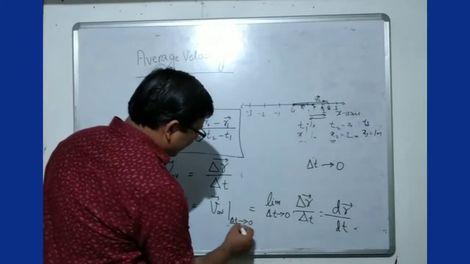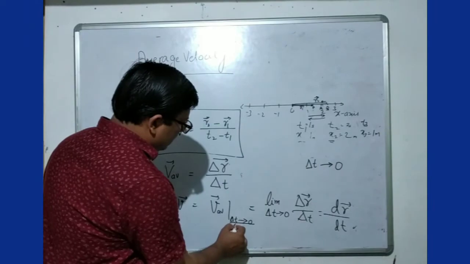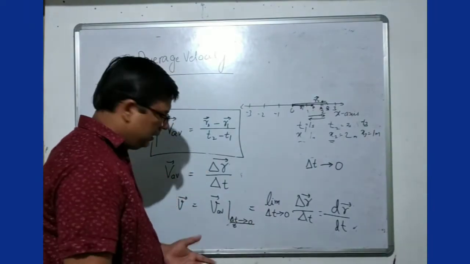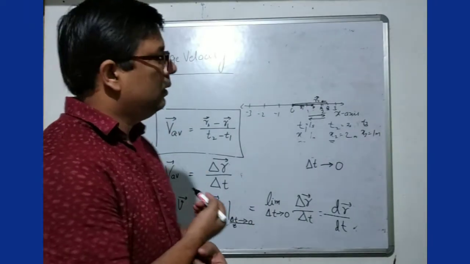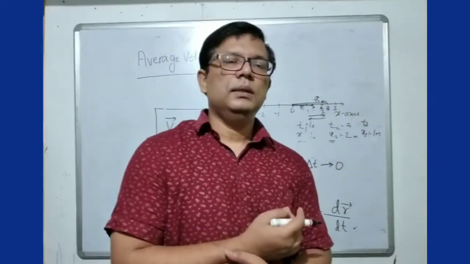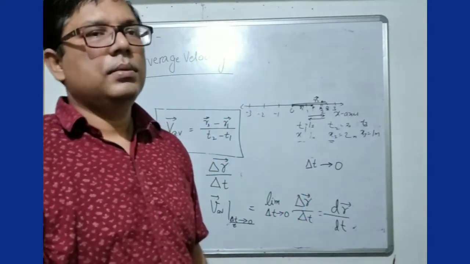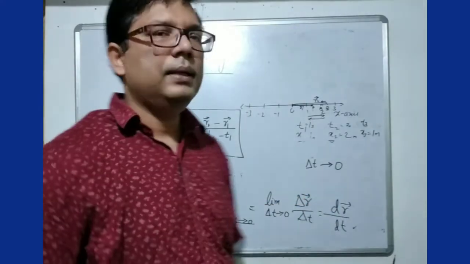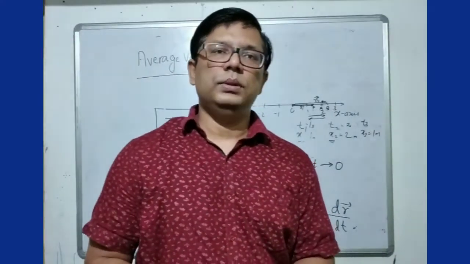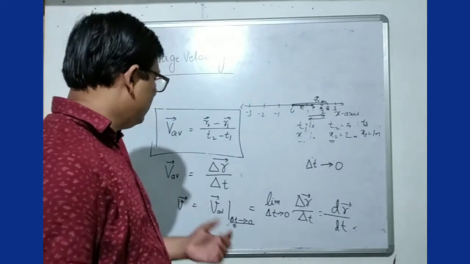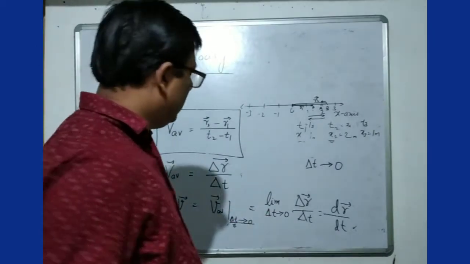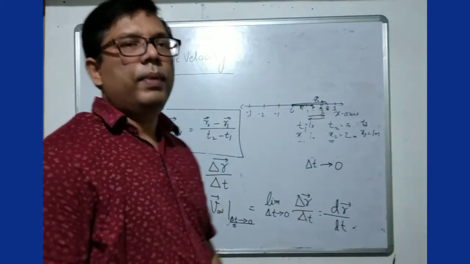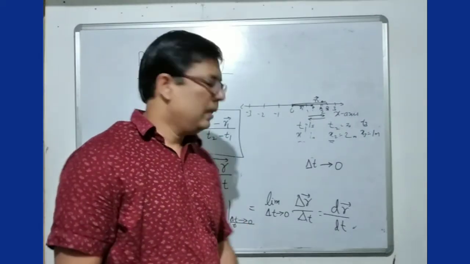So if del t is tending to 0, then time t will be some particular time t. So at a particular time t, velocity is given by this formula dr by dt, that is rate of change of position. Okay, so velocity is rate of change of position. Again, velocity is also a vector quantity.